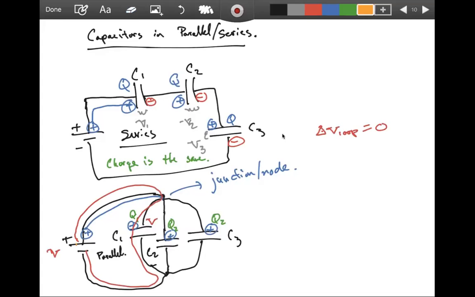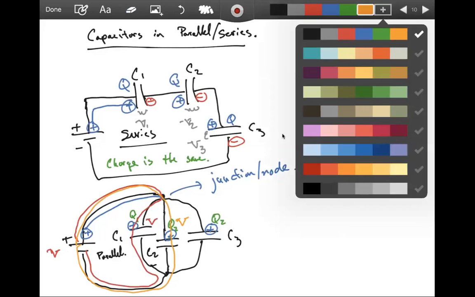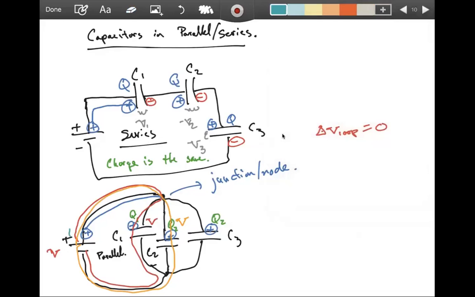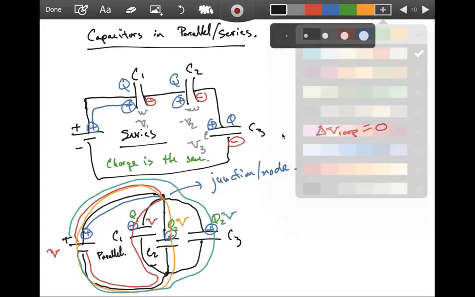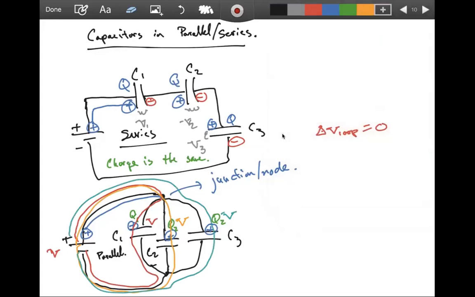Or I could go from the battery through the central leg and back to the battery, which means that again, by the loop rule, the central one has exactly the same potential as well. Or I could go through the right leg back to the battery, which means that again, this one has exactly the same potential. So for parallel, the potential is the same.